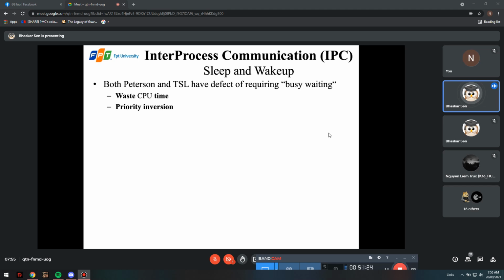And what does this wake-up call mean? Well, this means that he's basically selecting. Before entering his own critical region, he is selecting the next guy and asking him to get ready and come over here and wait on the doormat, the enter region.